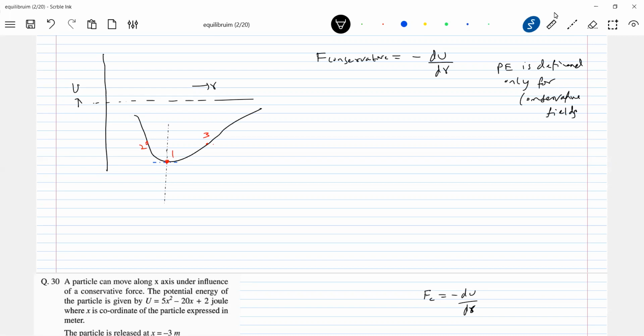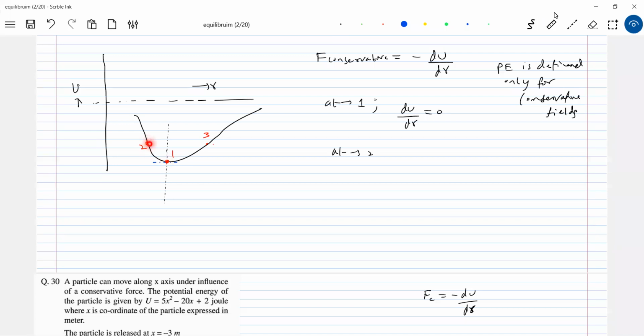Now at 1, shall I say 1 is an equilibrium because net force is 0? Look at the slope. What is the value of dU by dr at 1? It is 0. Then let's go for 2. I'm going to displace it.